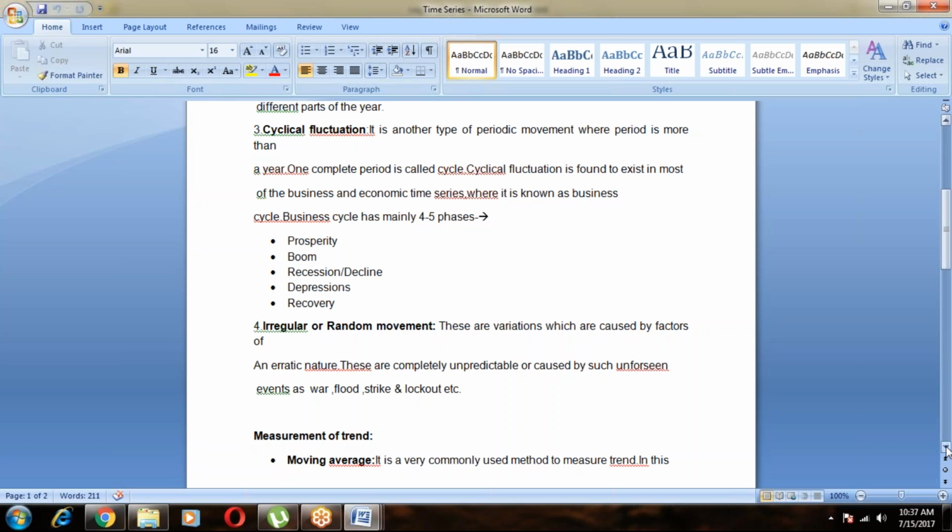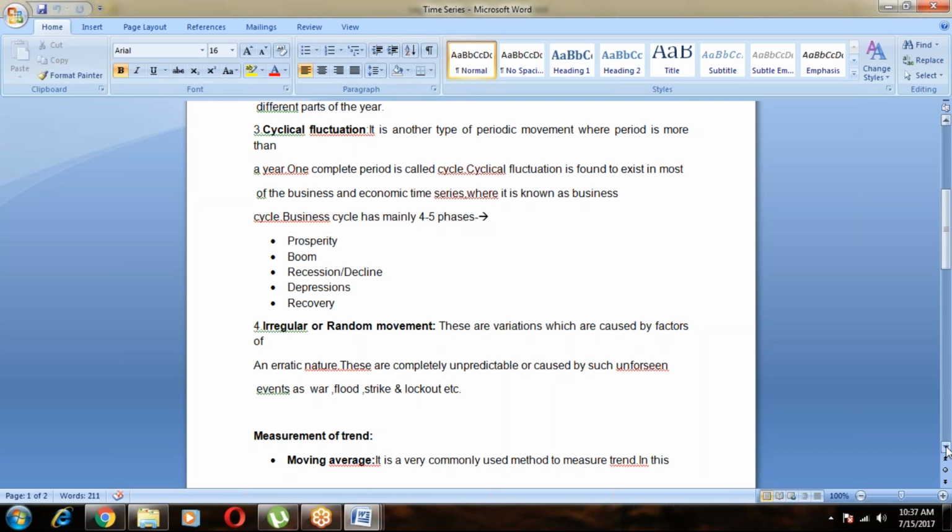First, prosperity: there is growth, the investment rate is increasing, the employment rate is increasing, so we are enjoying a good time. Boom phase is the best situation for an economy. Then recession or decline: the investment rate is decreasing, the unemployment rate is increasing, so bad things are happening and good things are not.